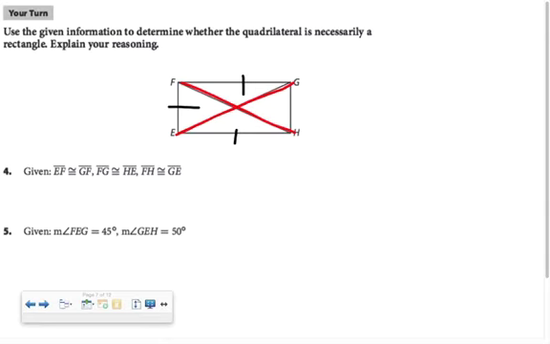Okay, so FH congruent to GE means that the diagonals are congruent.